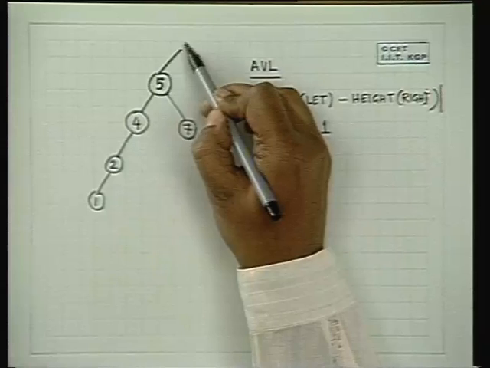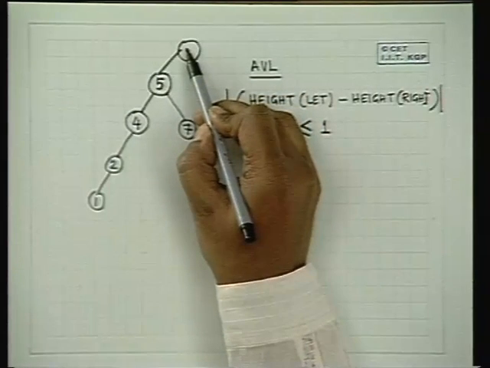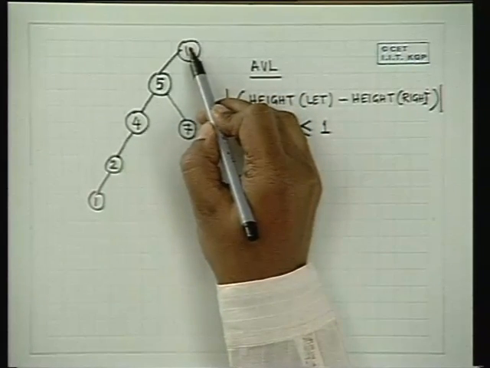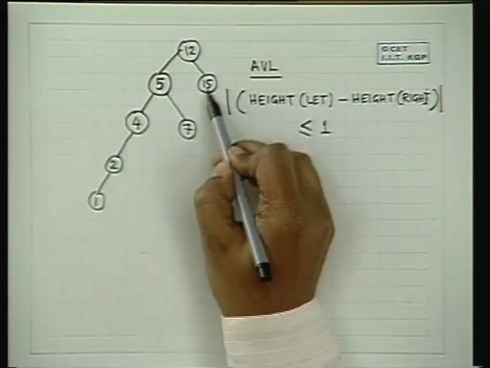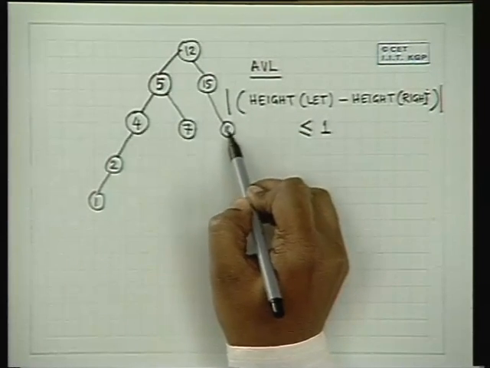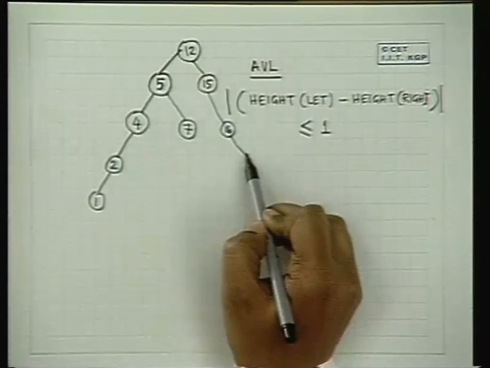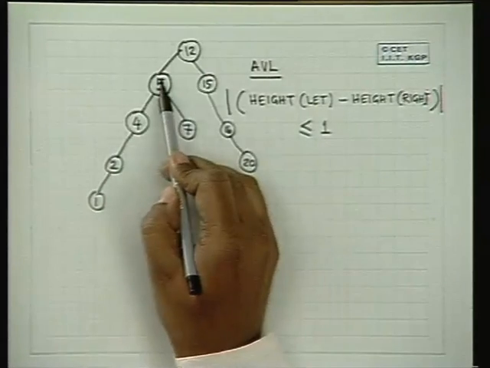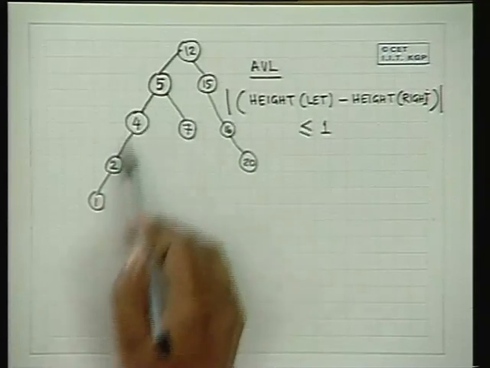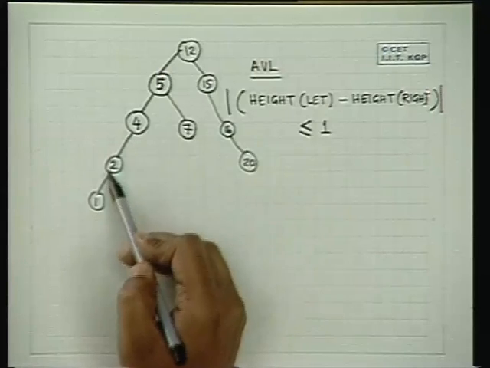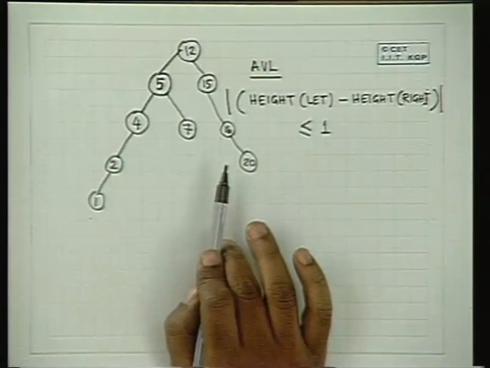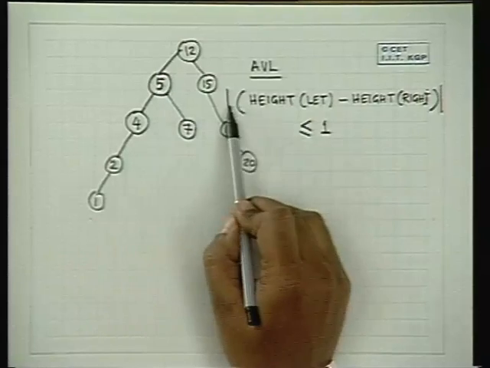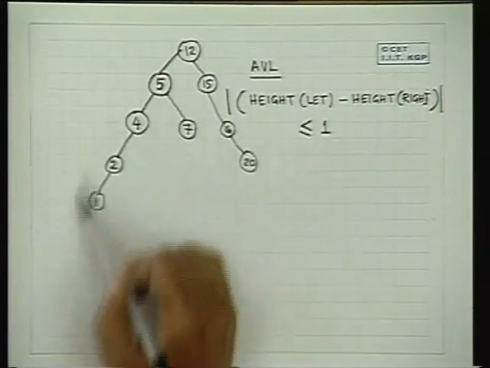Now suppose here, the height of this is 1, 2, 3, height of this is 1, 2, 3. This does not mean that this tree is balanced, because this AVL condition must hold for every node.